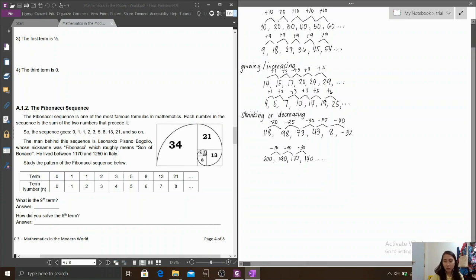So, in order to get the ninth term, or f sub 9, we have 13 plus 21. So, this is equal to 34. So, the ninth term is 34. How did you solve the ninth term? By simply adding the 7th and 8th term, which is 13 and 21.